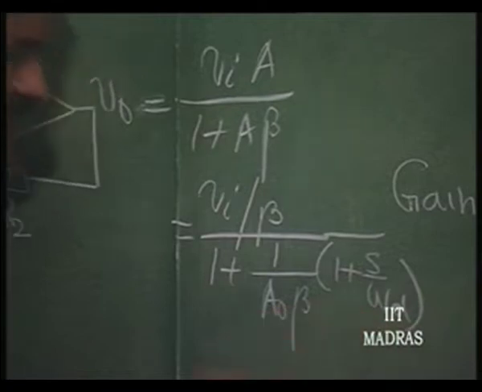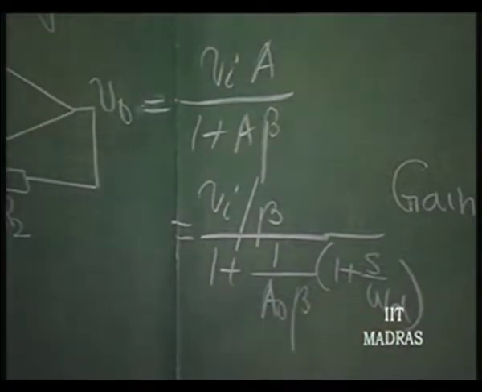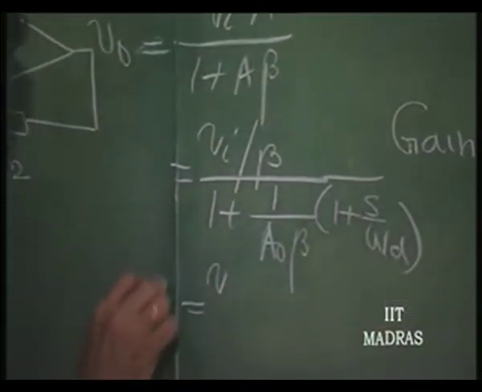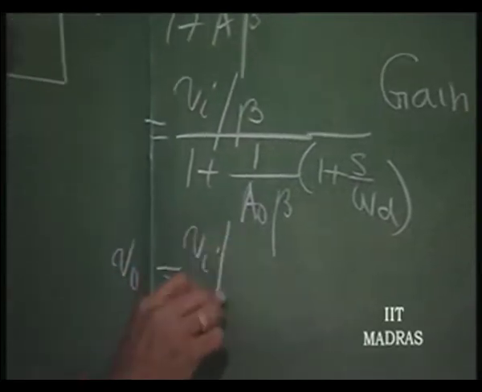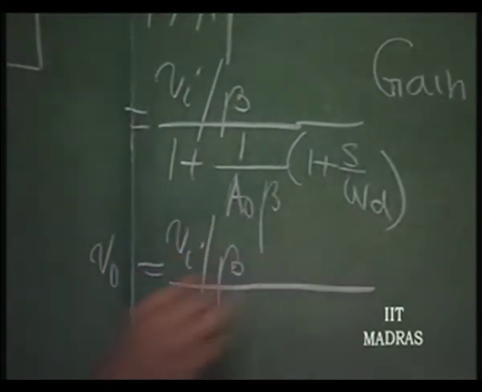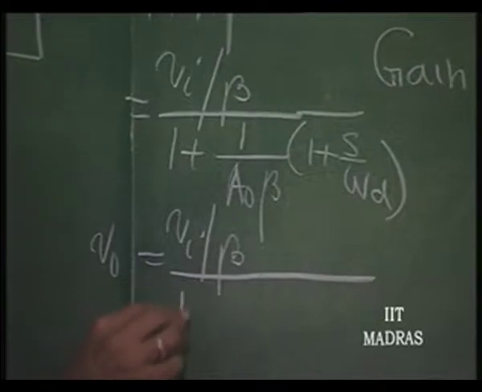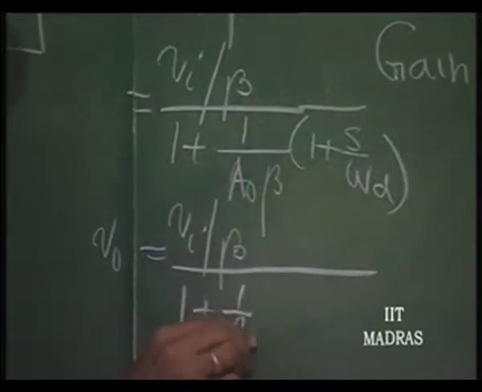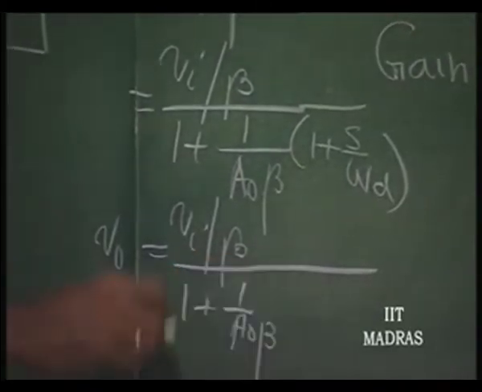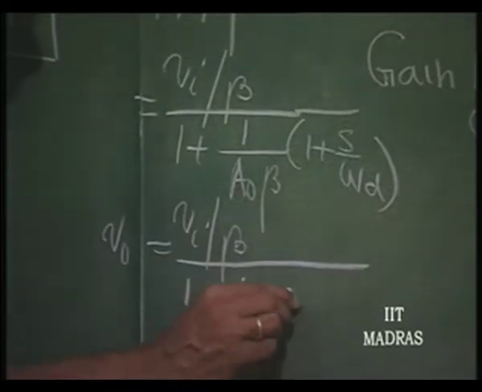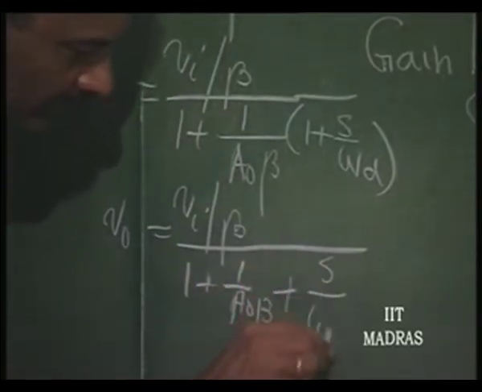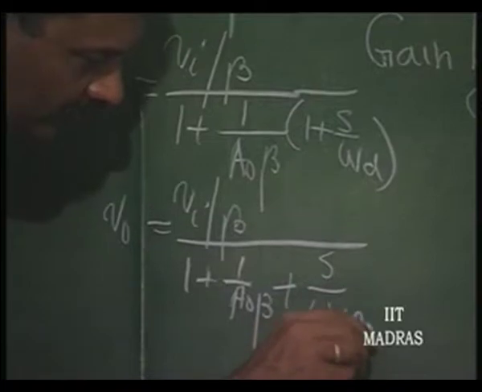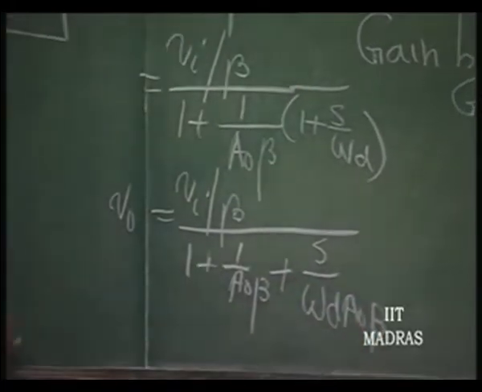This we had demonstrated earlier also. And we see that V naught is equal to V I by beta, divided by 1 plus 1 over A naught beta, which is very small, plus S over omega d A naught beta. This can be ignored.